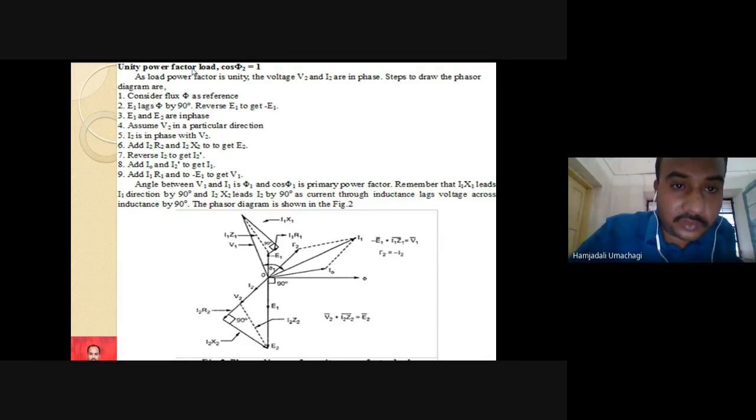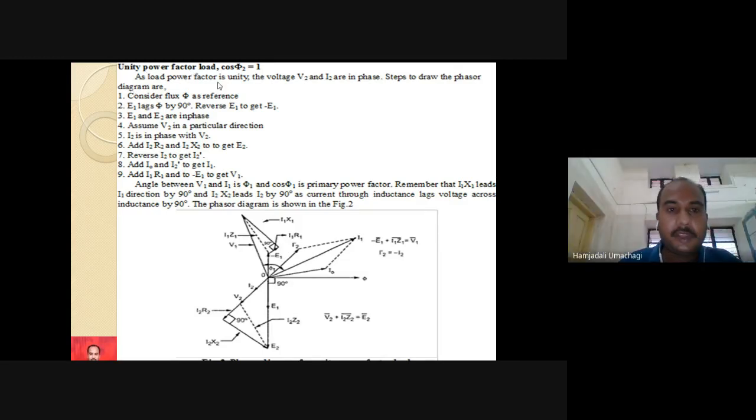Now before drawing that phasor diagram, you need to consider some of the basic things here. This is the phasor diagram for your resistive load or unity power factor load. Let us see the rules for drawing this phasor diagram. Case 1 is UPF, resistive load.